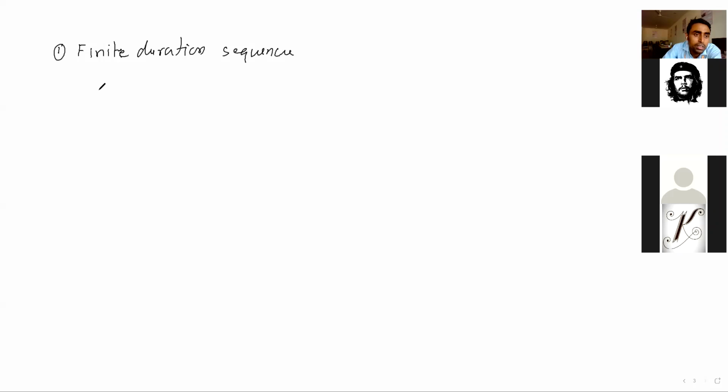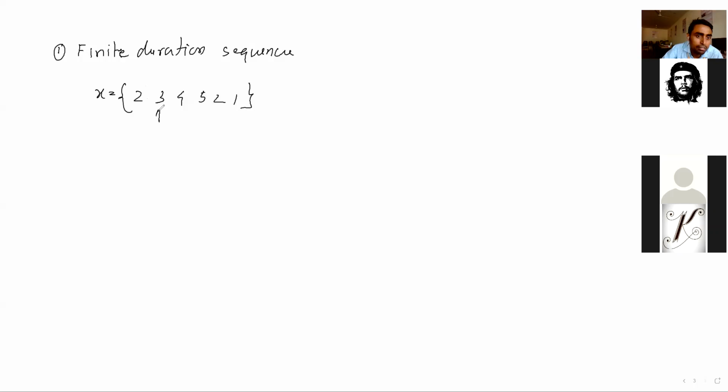A finite duration sequence is given by values like 2, 3, 4, 5, 2, 1. These are the amplitude values of the signal. Here the values of n are not given, we cannot say what the value of n is, but to represent that, some arrow mark is given.